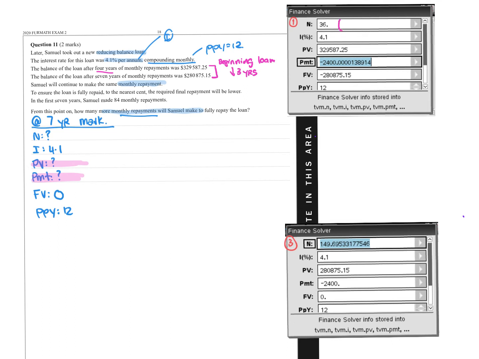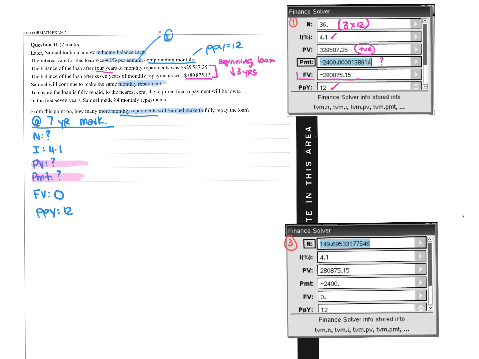So up here I've put 3 years, so 3 times a year, and I've got the interest rate, and I've put it in like we're beginning the loan, so it's positive at the start in a loan, and this is the question, and at the end of those 3 years I still owed this amount because I've got that there, but that would be a negative, and we knew this one.